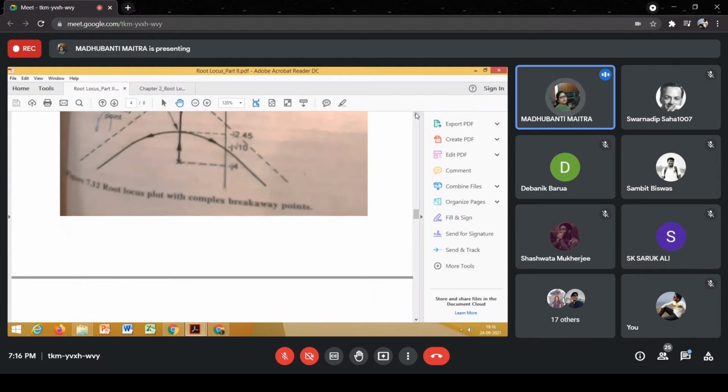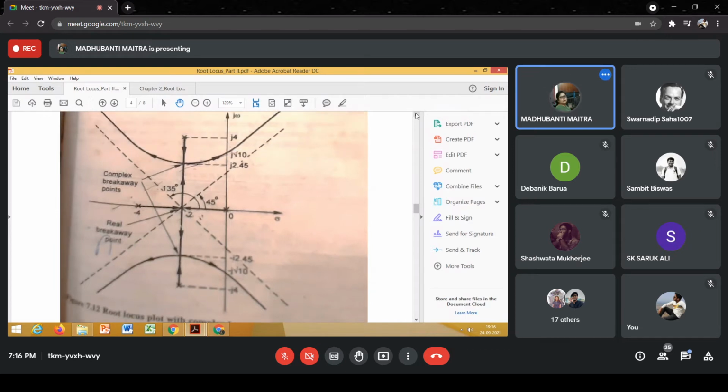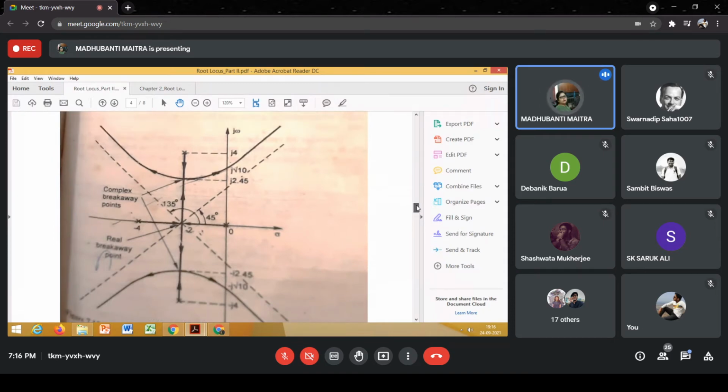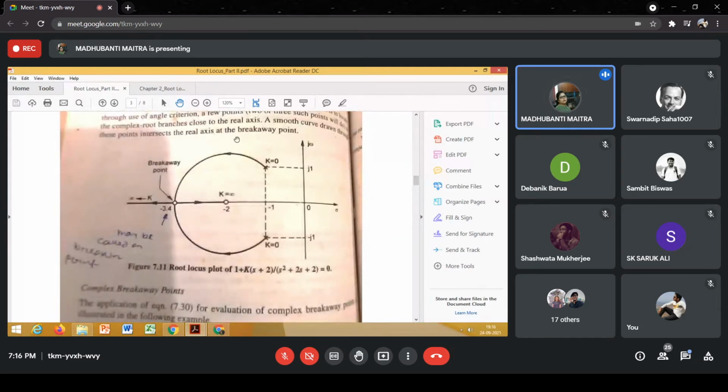Now the question is, how could we say that yes, this complex root branch, which is originating from this complex open loop pole, will move in this particular direction? Because you'll see in the previous example, for this case also you'll have to sketch the complete root locus plot.